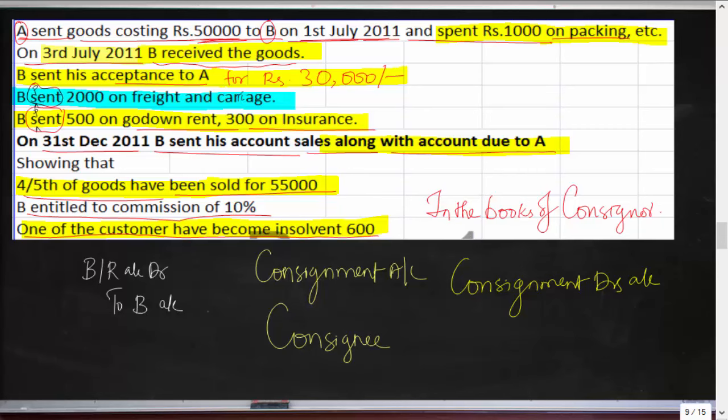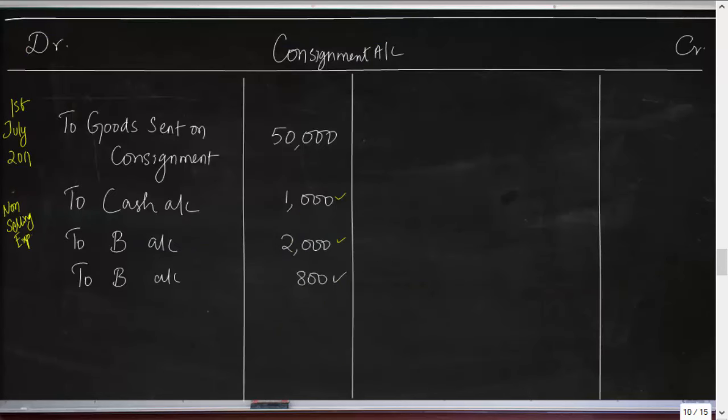So what we'll do? We'll go to consignment account and we'll say by consignment debtors. By consignment debtors account, what is the value? 55,000. It means your consignment debtors should be debited now on account of consignment by 55,000. So let's do that.